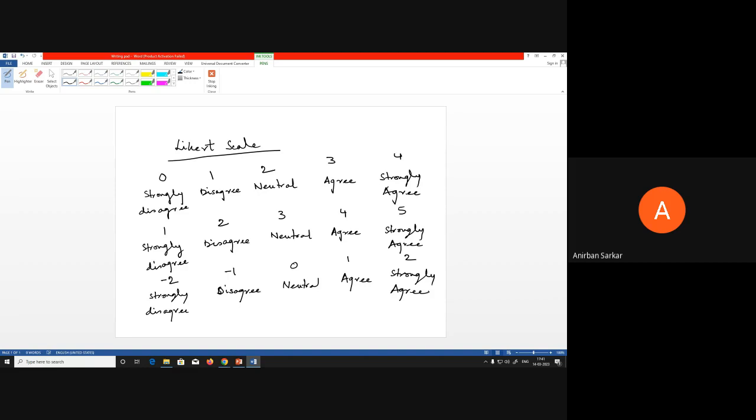Now tell me, are we using that same 5-point Likert scale? Yes, sir. So in the first example, our origin was 0. In the second example, our origin was 1. In the third example, our origin was -2. So in an agree-disagree scale, we can prove that this 0, or the origin, is arbitrary. Is it clear to you?